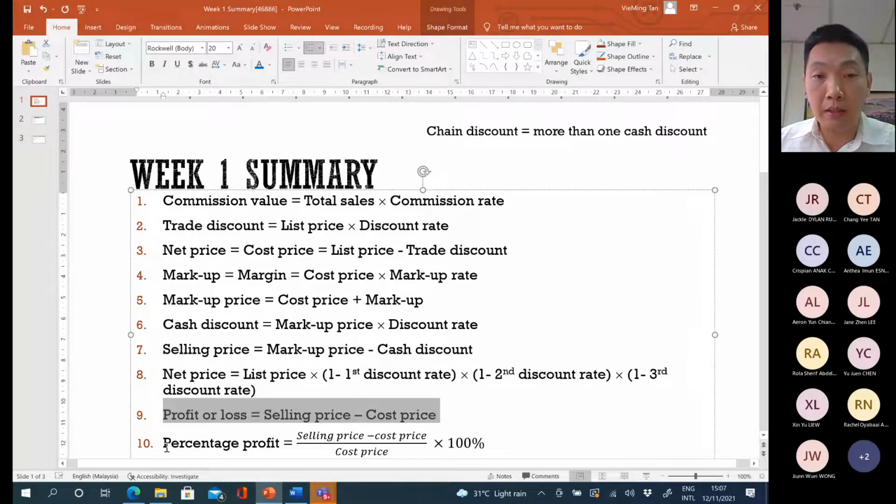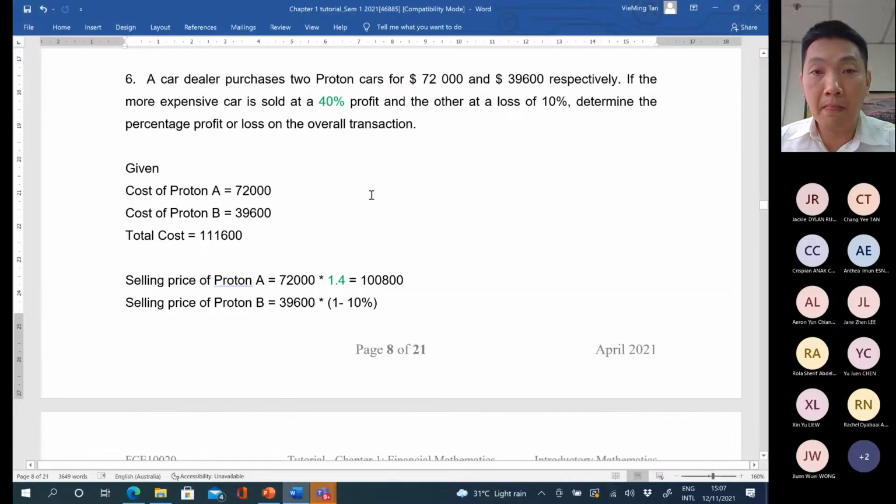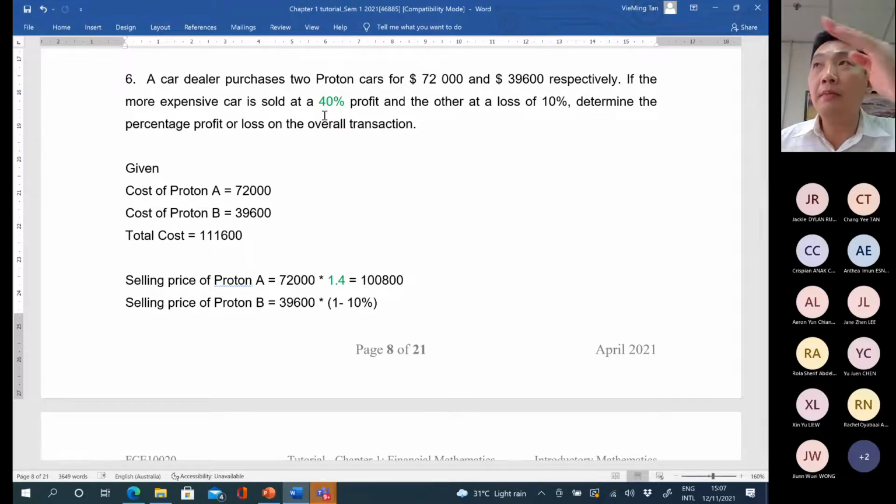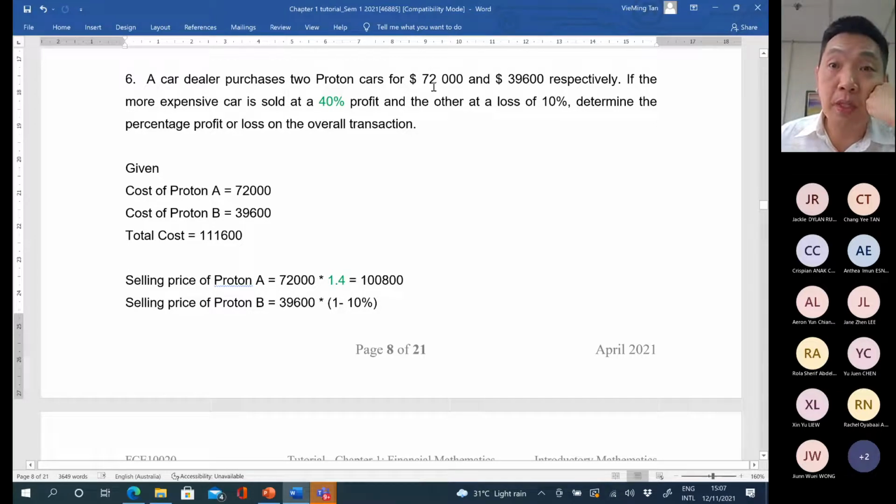So we apply formula 10 first, percentage profit. According to this question, Proton A can get 40% of profit. That means the selling price for Proton A car will be 40% higher than 72,000. Then what is the new selling price? What is the selling price for Proton A?